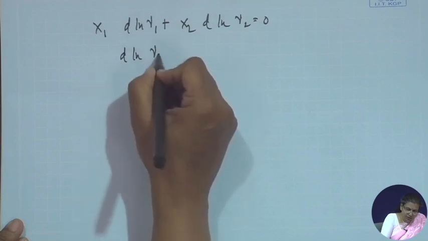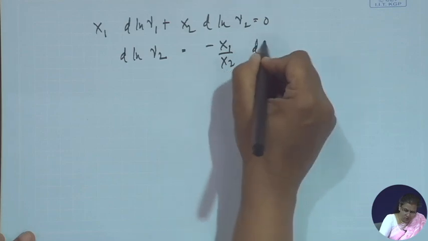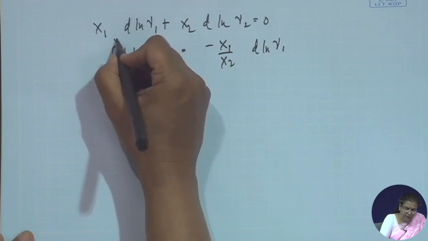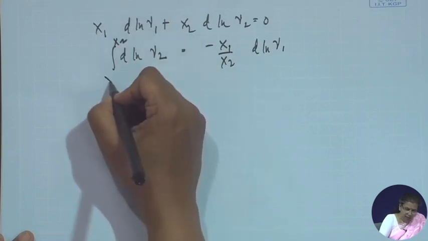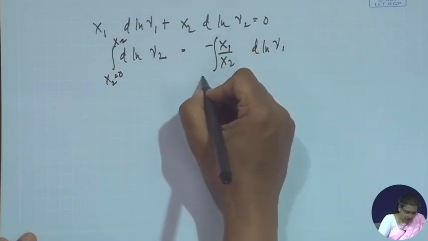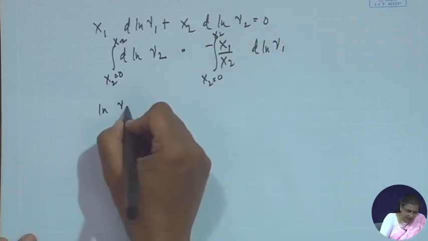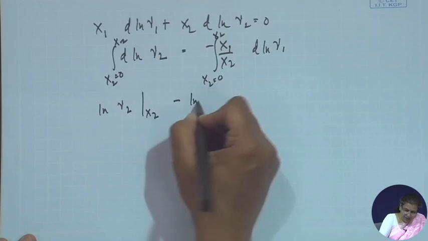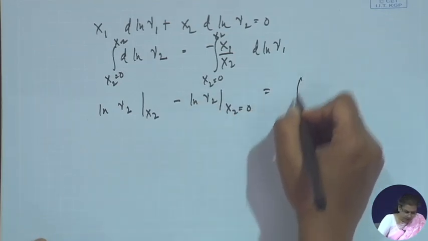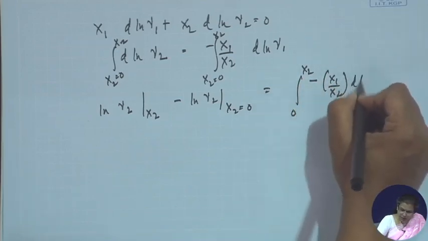So, dln gamma 2 equals minus x1 by x2 dln gamma 1. Now, I would like to find gamma 2 at some particular composition x2, starting from x2 equals 0. So, ln gamma 2 at x2 minus ln gamma 2 at x2 equals 0, which is nothing but 0, is the integral from 0 to x2 of minus x1 by x2 dln gamma 1.